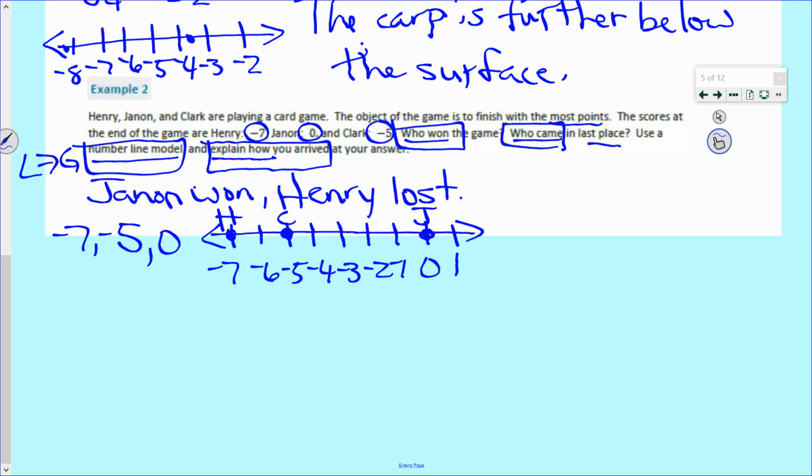Aisha? The model's a number line, isn't it? No, it's a number line and then line. But it's, yeah, number line model. That is a number line model. Oh, explain. So we haven't explained yet? So whatever your explanation, Janin was furthest right.